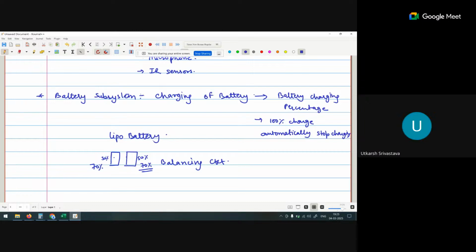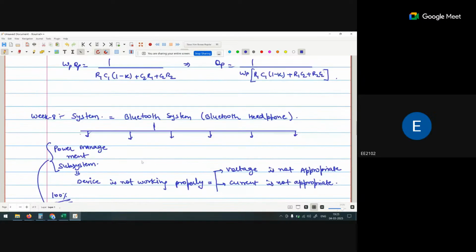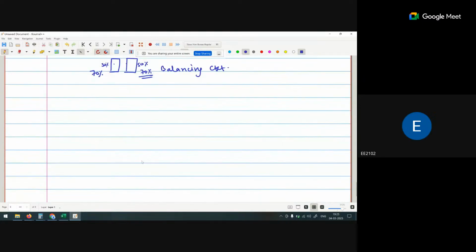If I draw the block diagram of this, one is the controlling unit.